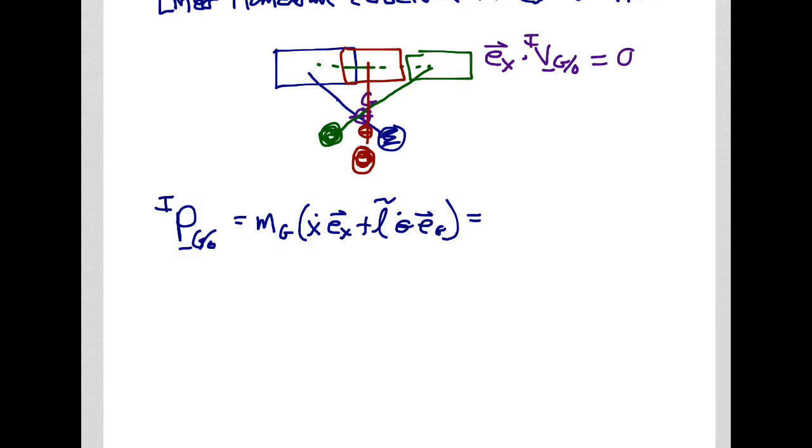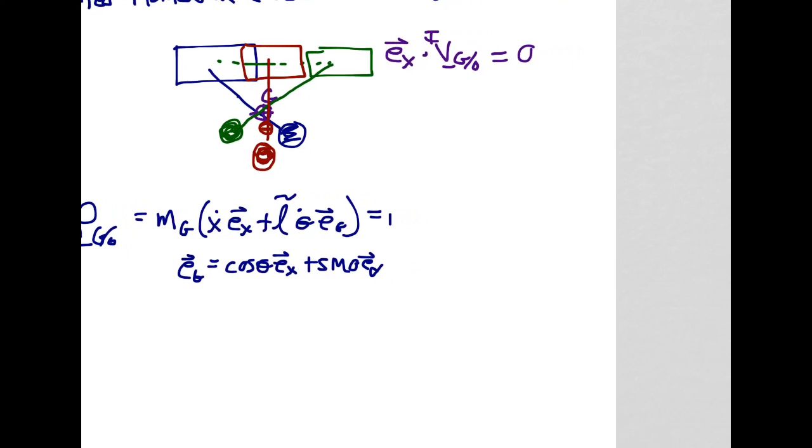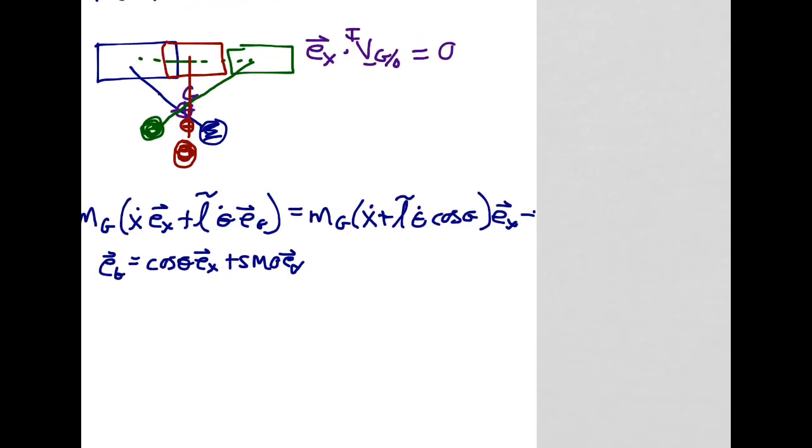We know that E theta is equal to cosine theta EX plus sine theta EY. So our entire expression is mg times (x dot plus L hat theta dot cosine theta) in the EX direction plus mg L hat theta dot sine theta in the EY direction.